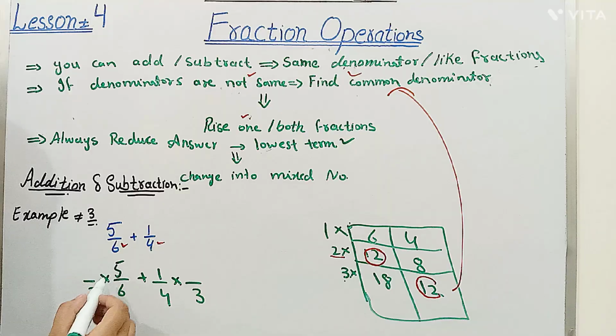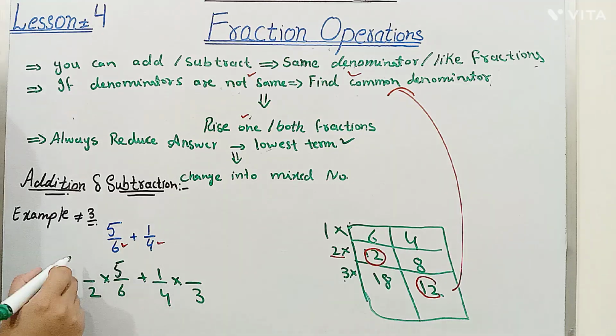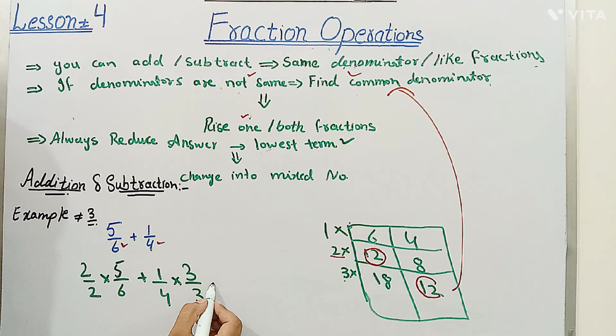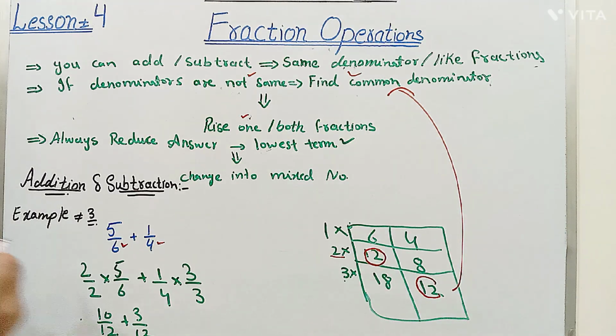Now, as I told you earlier, whatever number we multiply the denominator with, we multiply the numerator with the same number. So 5 by 2 is 10, 6 by 2 is 12, plus 1 by 3 is 3, and 4 threes are 12.